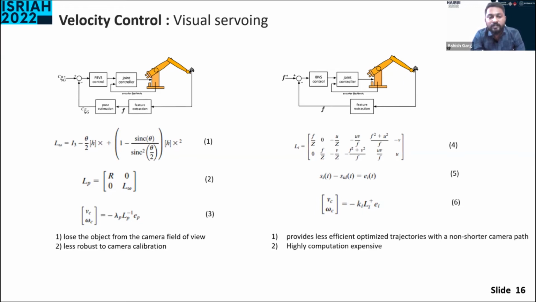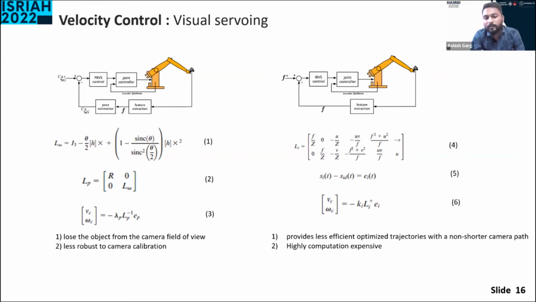Whereas in pose-based visual servoing, there are two issues. First, we may lose the object from the camera field of view. Second, it is not robust to camera calibration, because we have to estimate the pose again and again, so we need a proper camera calibration matrix.